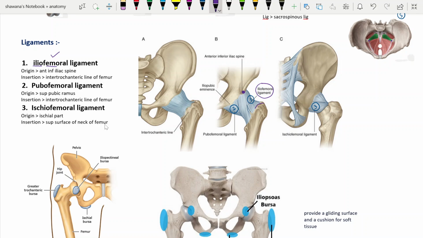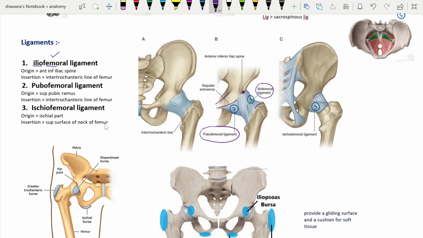The second one is the pubofemoral ligament. This is the superior ramus of the pubic bone, and here is attached the pubofemoral ligament. This one, pubofemoral ligament. The third is the ischiofemoral ligament.